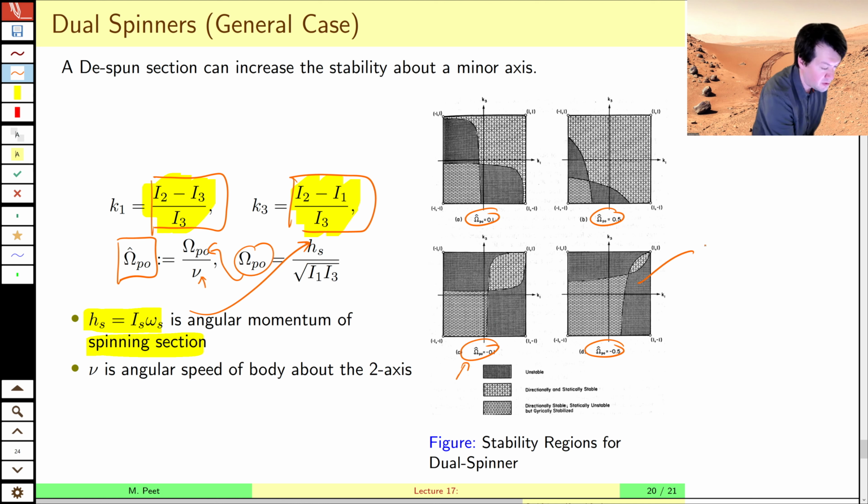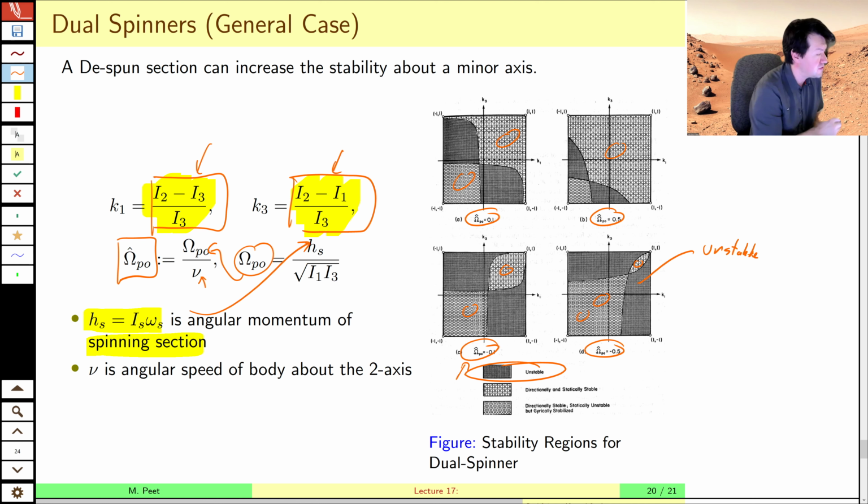So this is the unstable region, and there, unstable region. And then we have stability regions in here. And so as the relative angular momentum parts change, we hopefully would like to stay in one of these two areas. This one is preferred, of course. Those are the good regions.